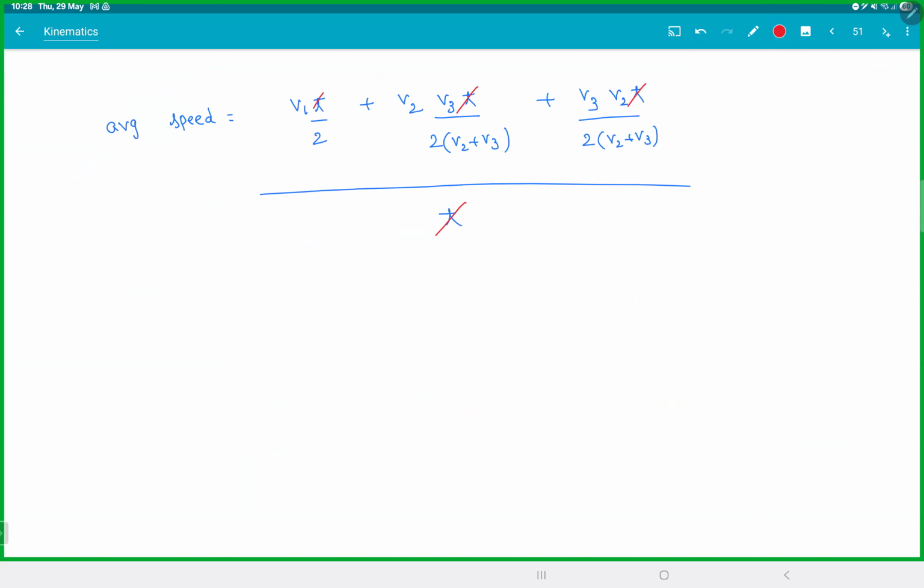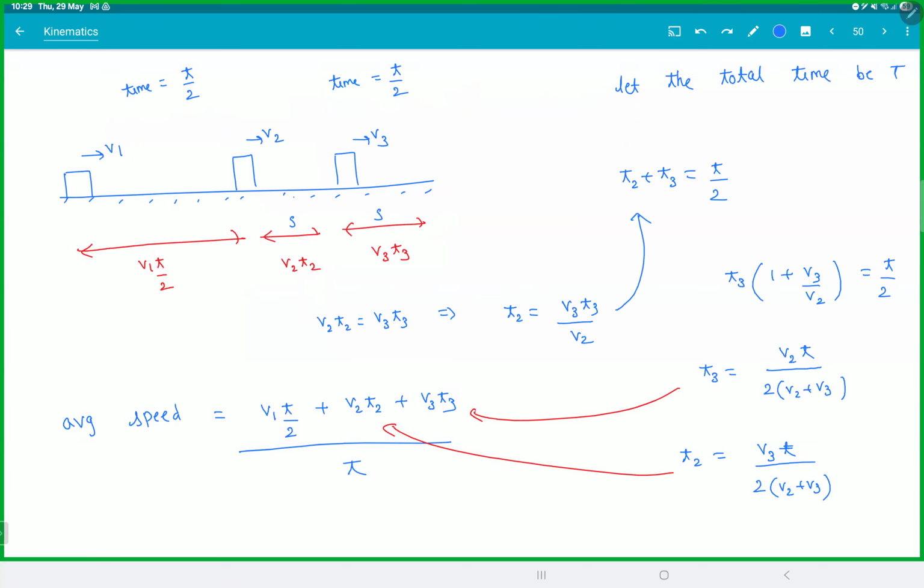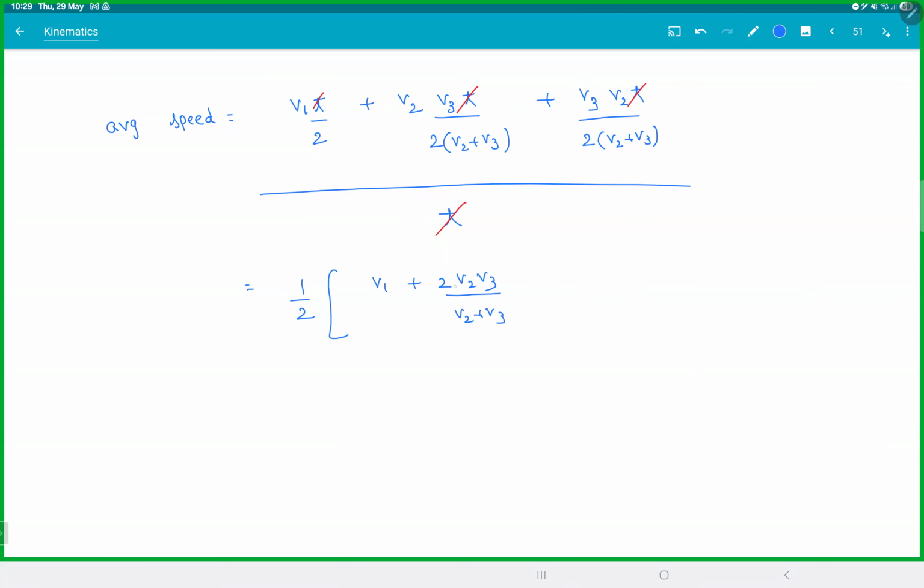There, I eliminated all the variables. Then you'll simply get, just take out that half outside, V1 plus V2 V3 by V2 plus V3 plus V2 V3 by V2 plus V3. So that actually becomes 2 times V2 V3. Cross multiply. You will get V1 V2 plus V1 V3 plus 2 V2 V3 by 2 times V2 plus V3. This is your average speed.